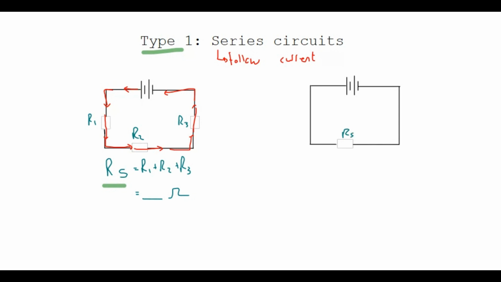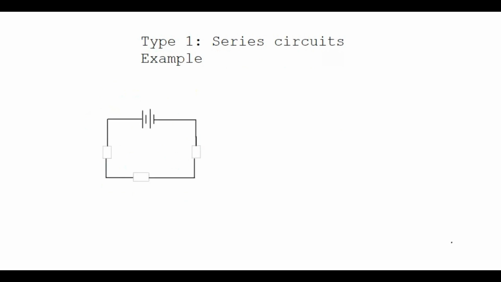Let's take a look at what that actually looks like with numbers. Let's say we have our resistors connected in series again, and all of them have the same ohms, so 3 ohms, 3 ohms, and 3 ohms. Finding the effective resistance there, we would say, okay, they are connected in series, so R series equals R1 plus R2 plus R3.